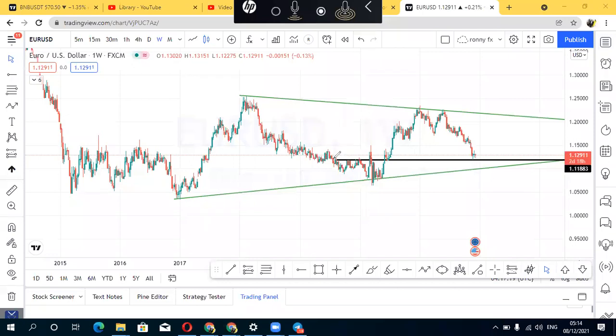So if there is a support zone here because of this structure, and this black line is a support structure, and Euro USD is acting on it, this green line is a better support and resistance structure than the black one, because the green one is lower than the black one, and every institution will be looking to buy Euro USD at a cheaper price than where it is now. So a better buy position will be best if we move down a little bit.